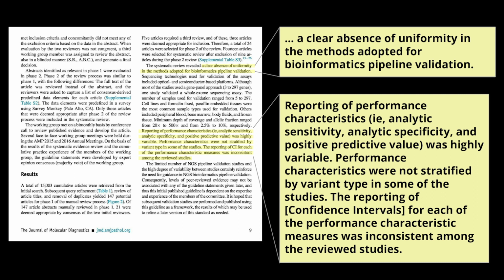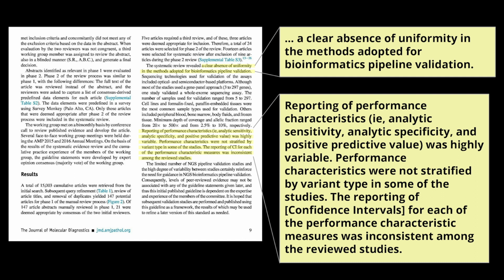Performance characteristics were not stratified by variant type in some of the studies. The reporting of confidence intervals for each of the performance characteristic measures was inconsistent among the reviewed studies. There's so much to unpack here, and so much that needs standardization across the industry.